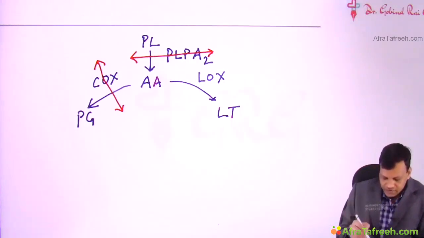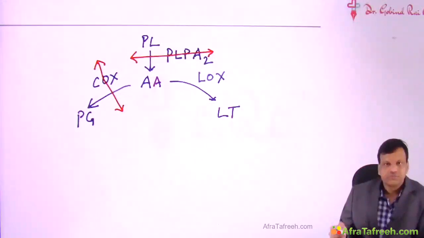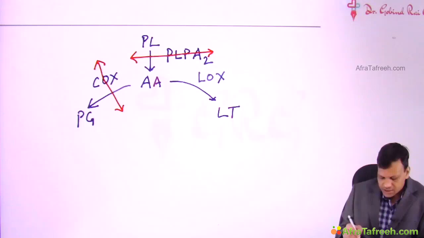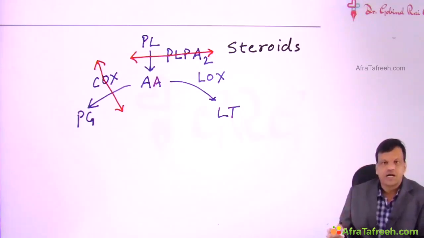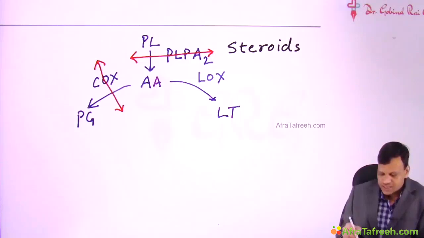The drugs which inhibit the phospholipase A2 enzyme, which is a rate limiting enzyme in formation of prostaglandins and leukotrienes, are steroids. And we know prostaglandins are involved in causing inflammation. So we can say they are steroidal anti-inflammatory drugs.